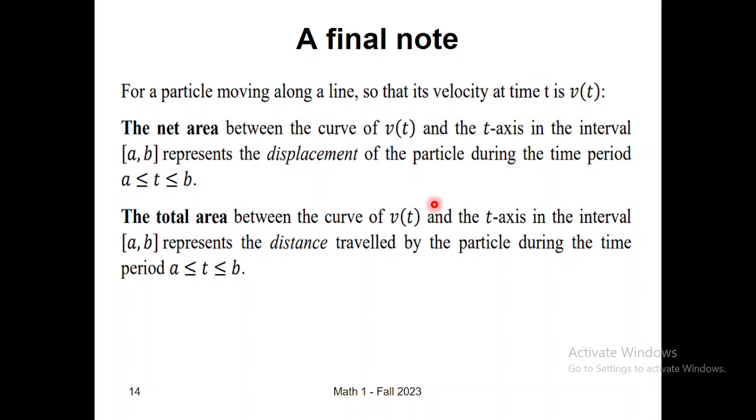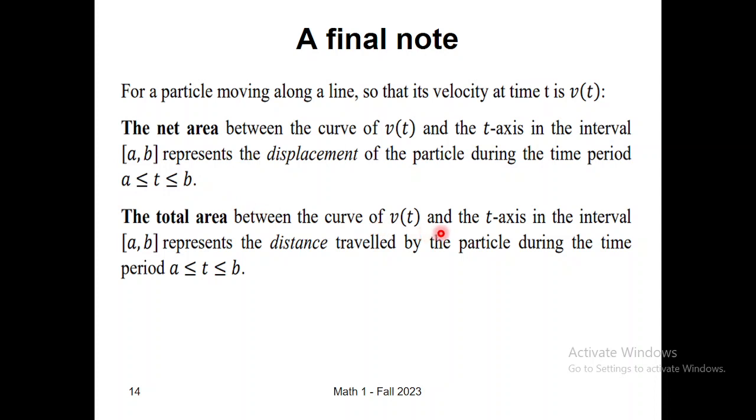This is equivalent to calculating the displacement, assuming that you integrate the velocity function. If you integrate the velocity function as a single integral, where the velocity is positive in some intervals and negative in others, you are calculating the displacement over the interval from a up to b.